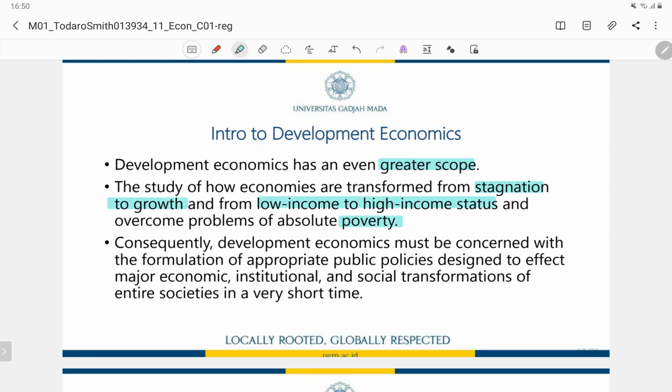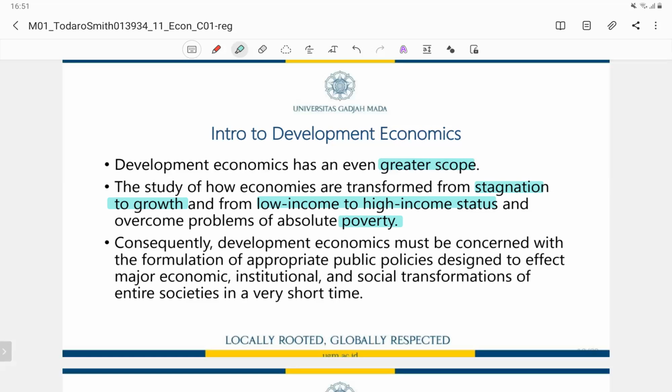So this is the main idea of development economics.